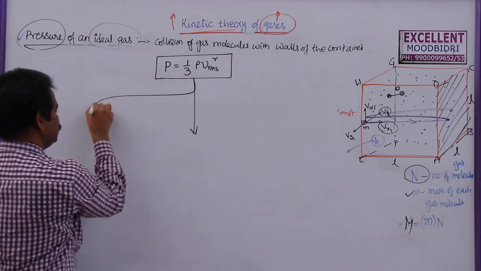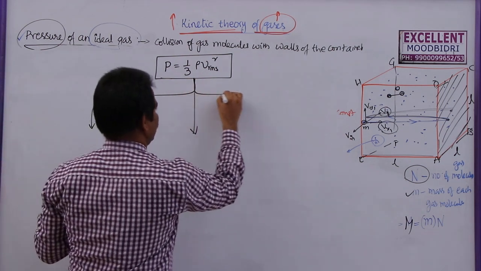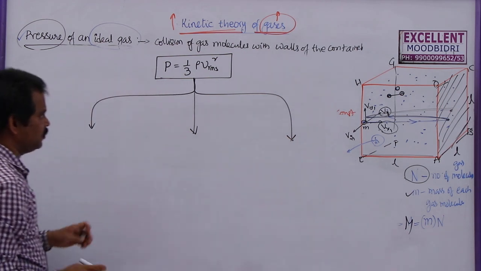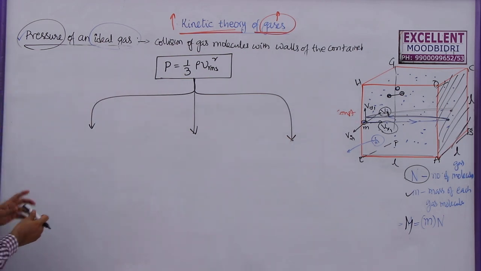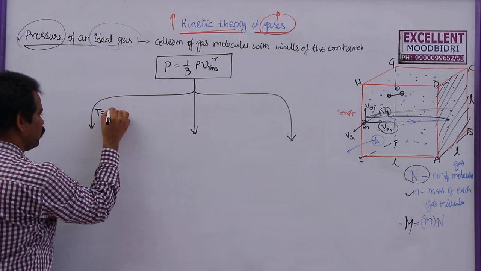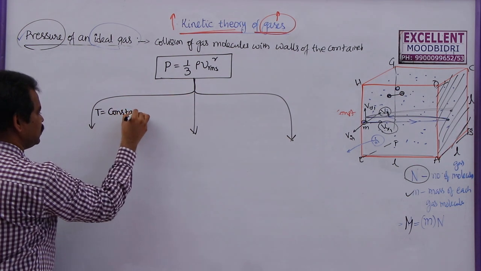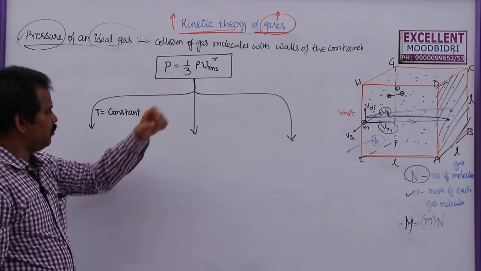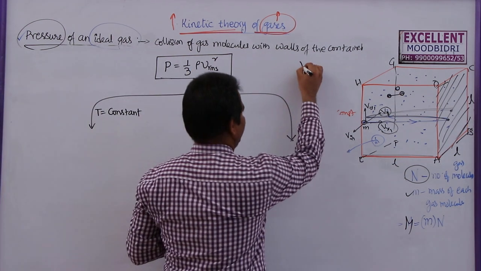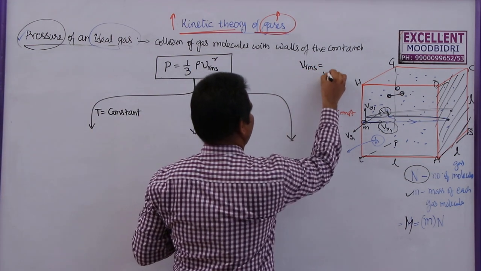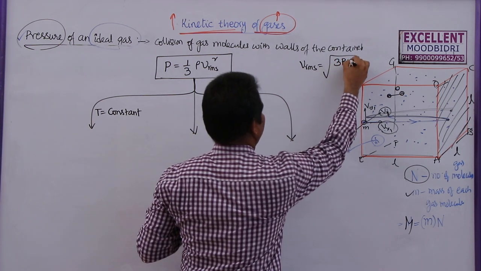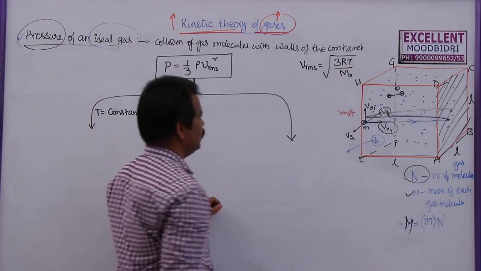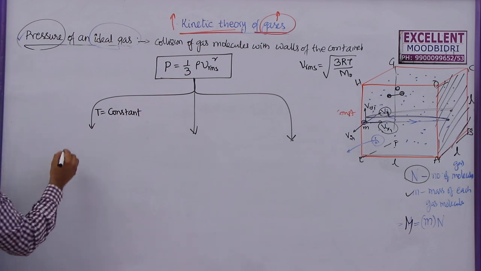Using this, we can derive the gas laws. First of all, if the temperature is constant for this gas, I am going to write P is equal to 1/3 rho Vrms square. We know that Vrms is equal to root over 3RT by m naught. Let me substitute that value here.